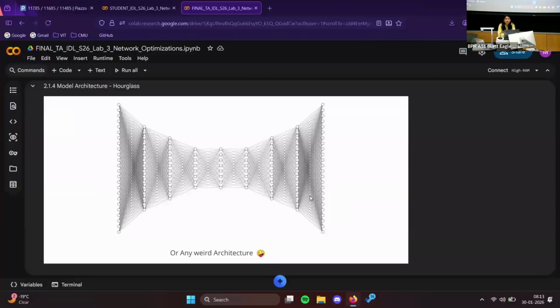So it might be okay to let go of some features. In that case, you can have a pyramid architecture, so that you will have fewer neurons at first, but the width will go on increasing, and you will be able to capture more detailed features as you go on. So it's up to you.